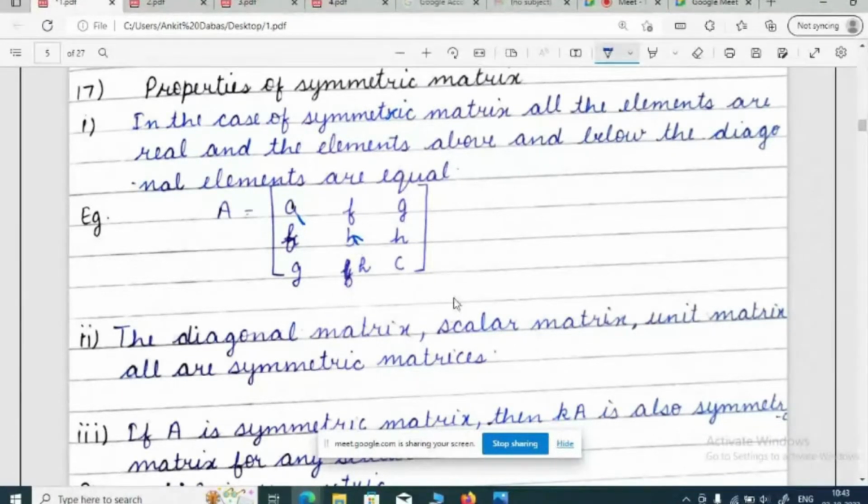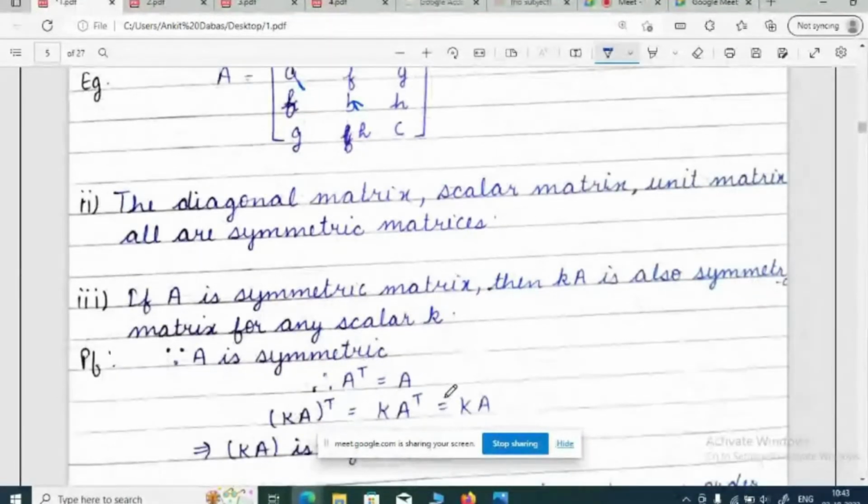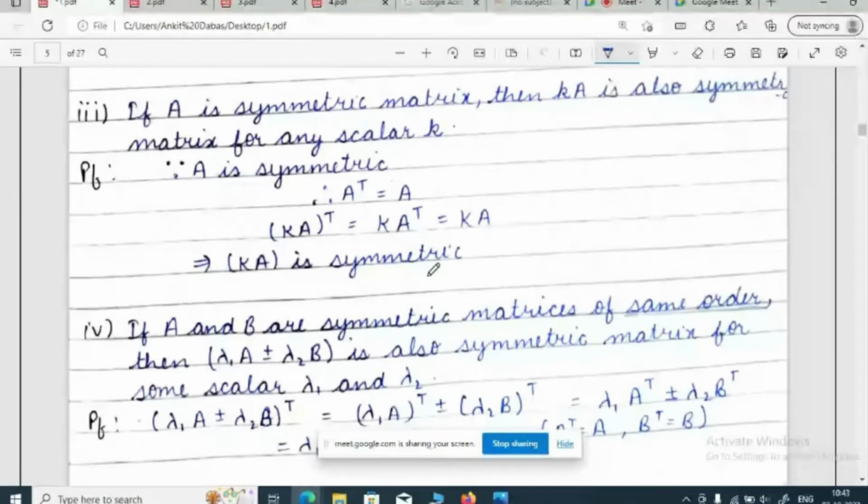Next, the diagonal matrix, scalar matrix, and unit matrix. These are all symmetric matrices because in these matrices we have entries only on the diagonal and all other entries are 0. So the transpose of the matrix is always equal to the same matrix. Next, if A is a symmetric matrix, then any scalar multiple of that matrix is also symmetric.